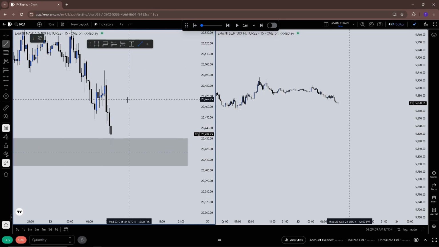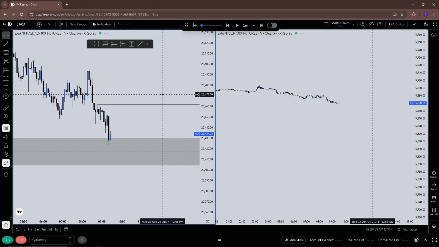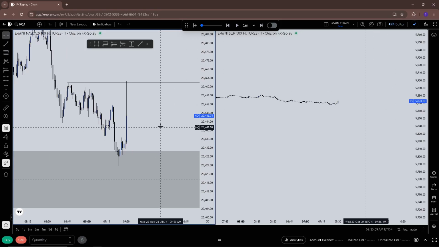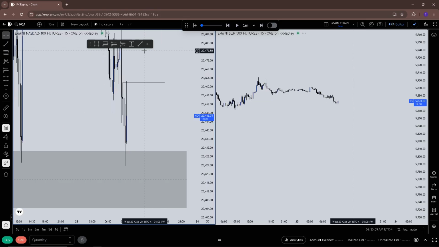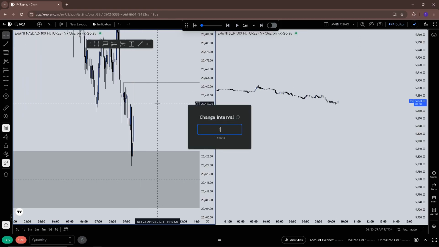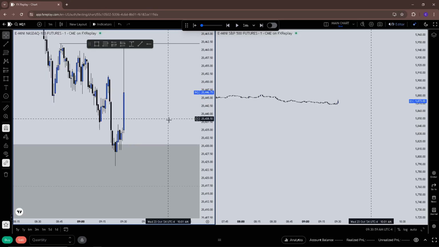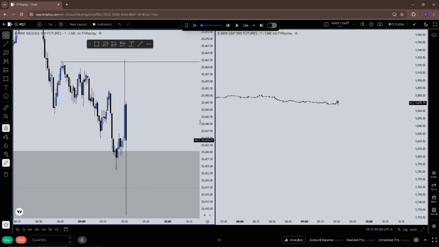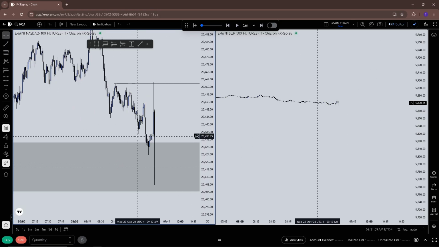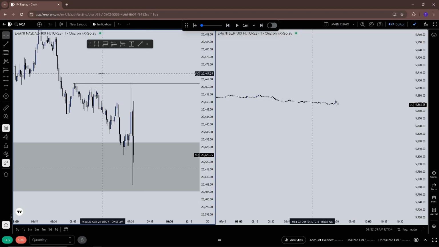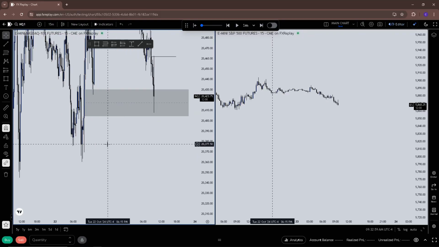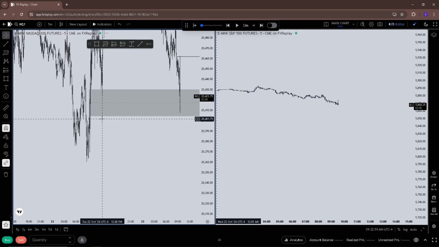We do have an unfilled 15 minute above. You immediately wake up into the unfilled 15 minute. Probably use this as delivery to take us lower.